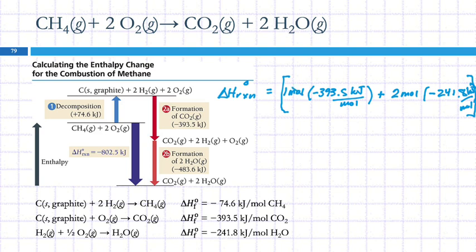So these units cancel, don't they? Those are the products. I'm going to subtract a similar sum for the reactants. I have 1 mole of methane, and I'm going to use the heat of formation for methane, negative 74.6 kilojoules per mole. Those moles cancel out. And then the heat of formation for 2 moles of oxygen.